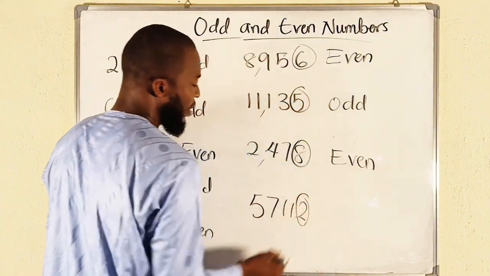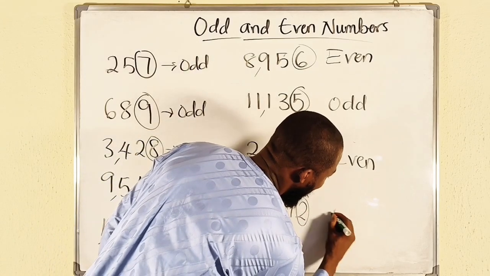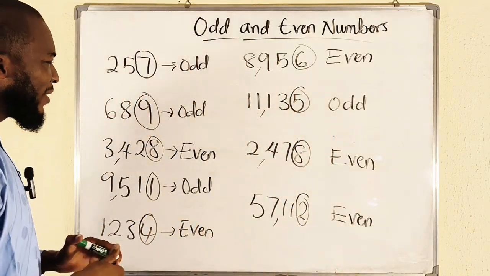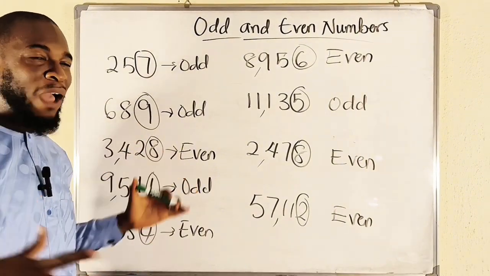And lastly, 2 is even, therefore everything here must be even. Can you see that? All right, so let us see some properties of even and odd when they are combined together.